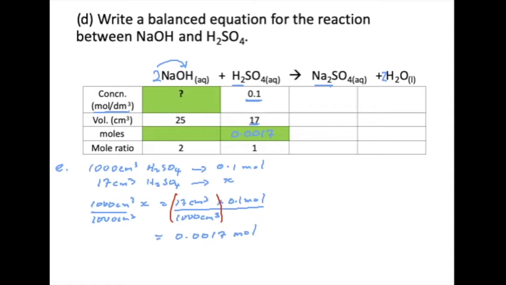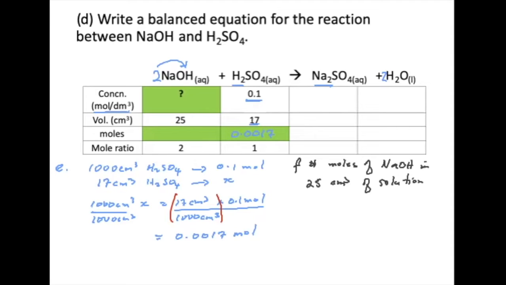So we've done that. Part F now is going to ask us to calculate the number of moles of NaOH in the 25 cm cube of solution used.